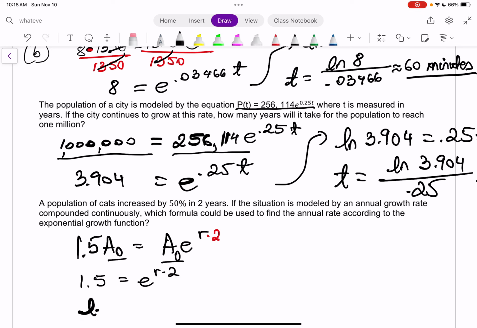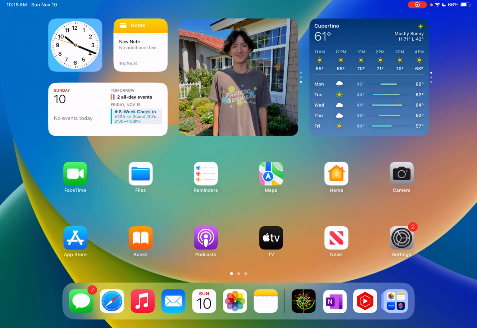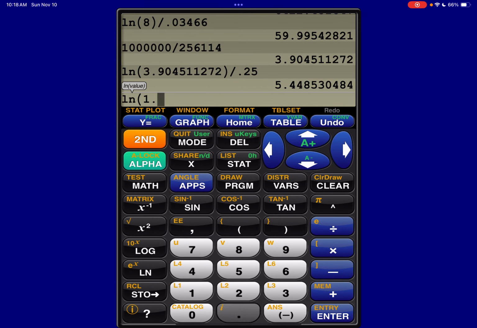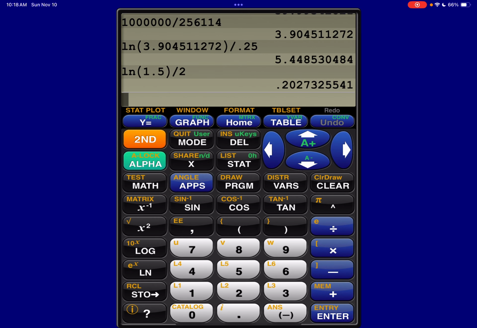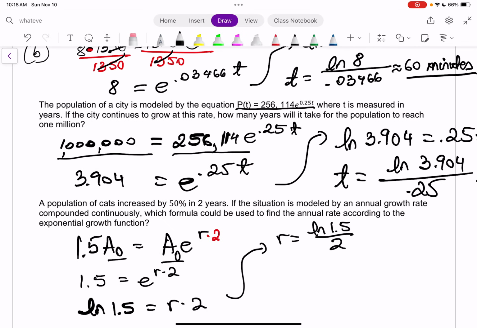So let's log both sides and then divide by 2. So r is natural log of 1.5 divided by 2. So 0.2027, which is 20.27%.